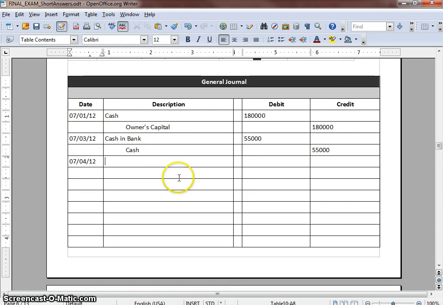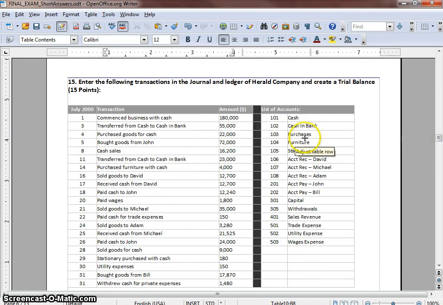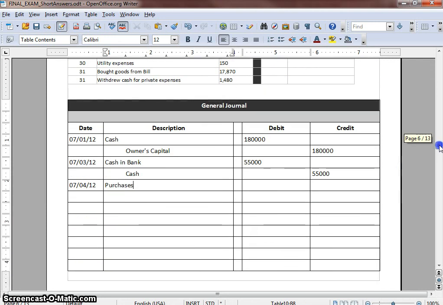On July 4th, we purchased goods with cash. So our purchases, and the reason I know to use purchases is go back up here and refer to your list of accounts, and that's how I always know what account I'm supposed to be working with. When they tell me purchases, I know I'm going to be using my purchases account.